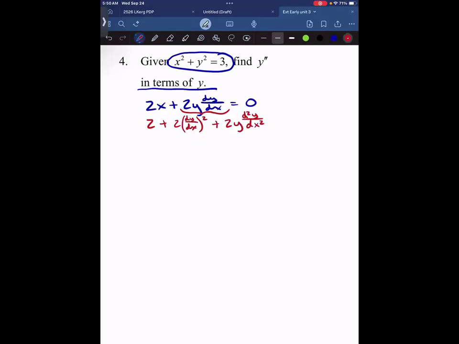I never know how to say that one. Equals 0. Now we solve for that second derivative. I move these two terms over and then divide by 2y. So the second derivative would be negative 2 minus 2 (dy/dx) squared, over 2y.